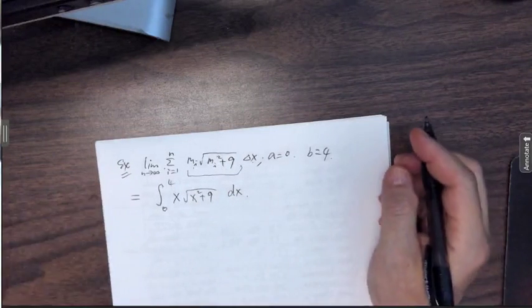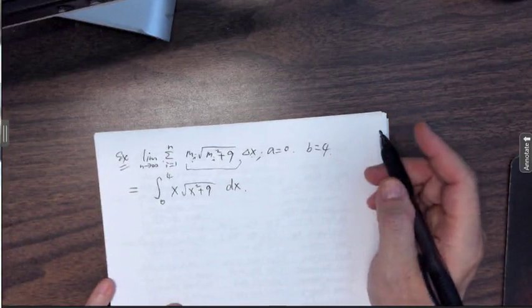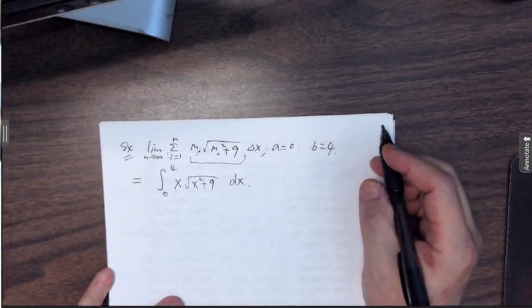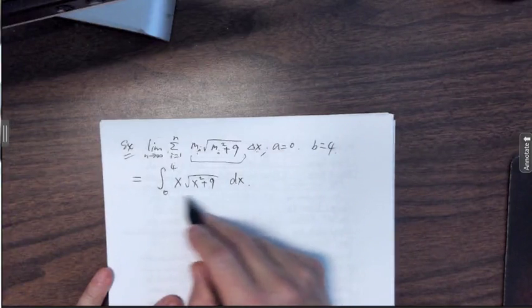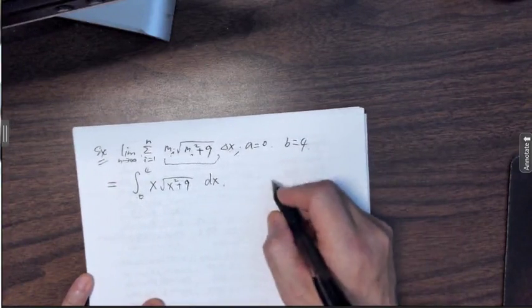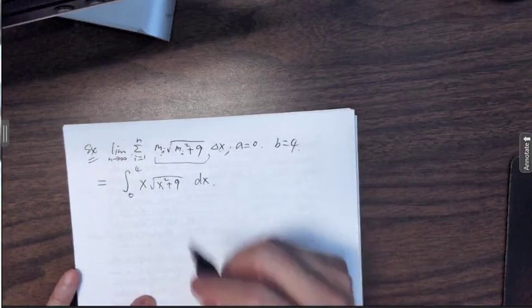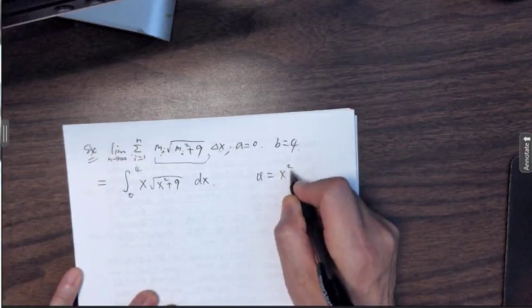Now we have a definite integral. To evaluate this definite integral, we'll try to apply the substitution technique, because there's no direct integration formula we can use to find the antiderivative. So we do substitution, and we do substitution in writing. It's very important. u equals x squared plus 9.